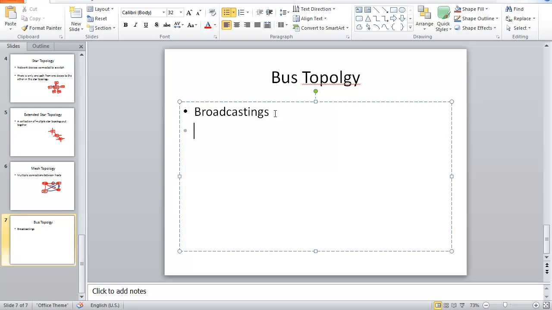This sounds kind of familiar to you because this is what happens in wireless networks, either wireless LAN or WAN. That's when this topology is used.